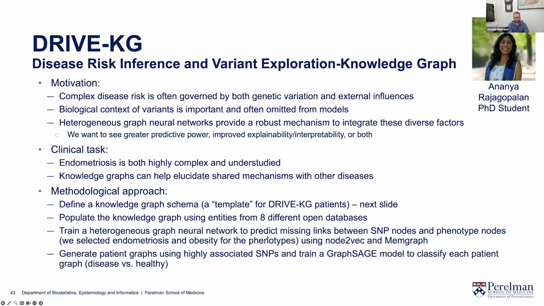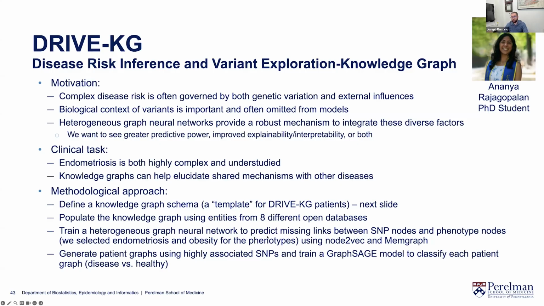We'd populate that knowledge graph using entities from 8 different openly available databases that are freely available to anyone in the public. And then we trained a heterogeneous graph neural network to predict missing links between specific genetic variants and phenotypes, which represent disease. So like I said, we selected endometriosis and then its comorbidity obesity for these 2 phenotypes, using a specific approach using things called node2vec and Memgraph as a framework.